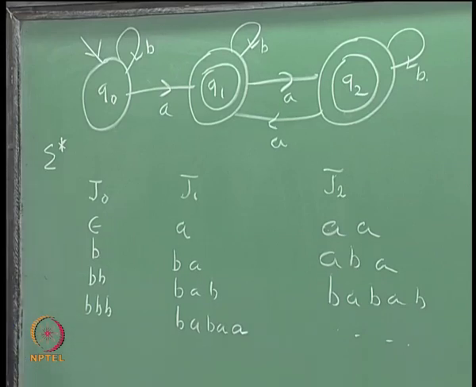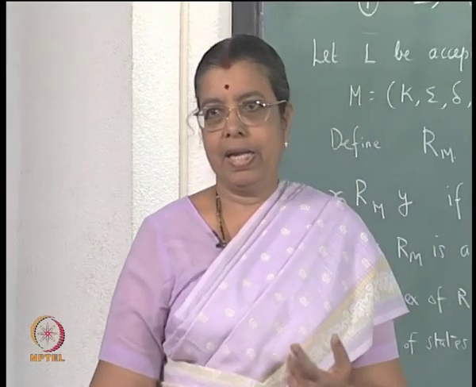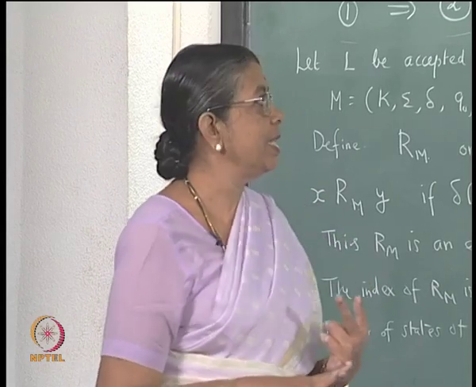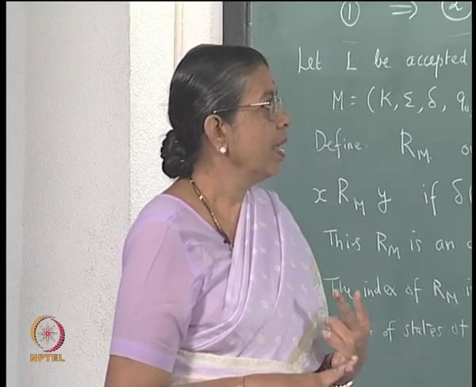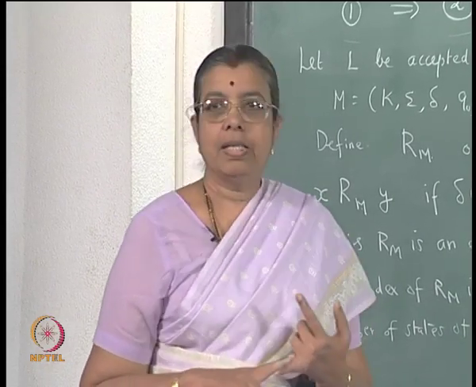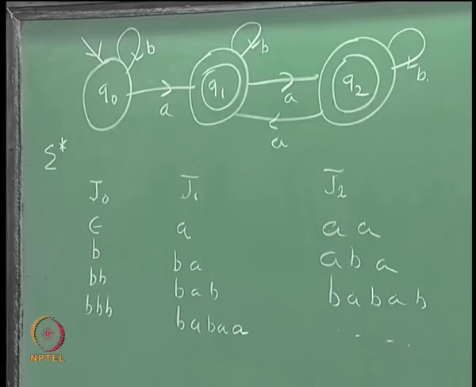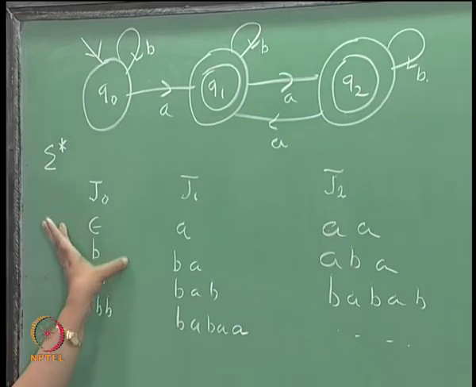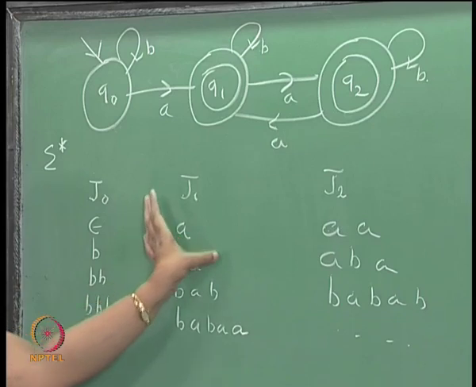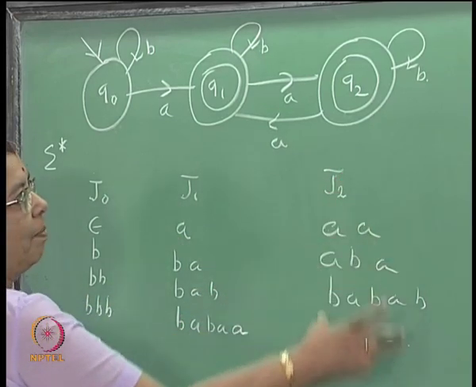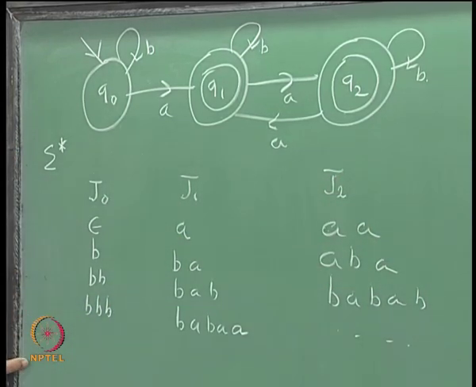So, sigma star is partitioned into 3 classes: strings which do not contain any A at all, epsilon is also in that, then strings which have an odd number of A's, strings which have an even number of A's. J0 has just epsilon and B's, this has odd number of A's, this has even number of A's. Okay. And what is L?